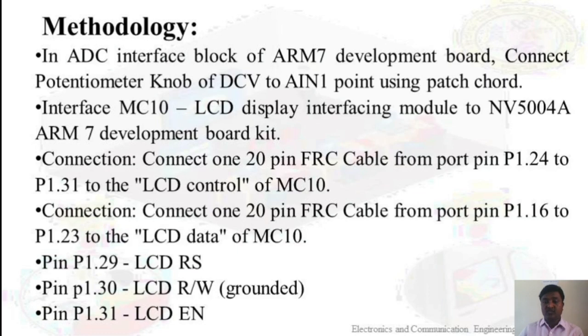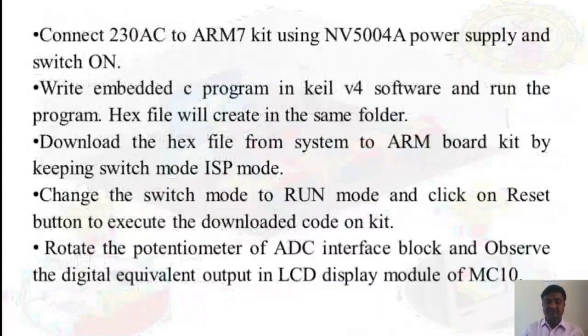Connections: connect one 20 pin FRC cable from port pins P1.24 to P1.31 to the LCD control of MC10. Connect one 20 pin FRC cable from port pins P1.16 to P1.23 to the LCD data of MC10. Pin P1.29 is LCD RS, that is register select. Pin P1.30 is LCD read write. Pin P1.31 is LCD enable.